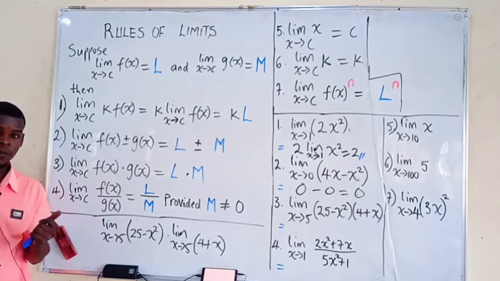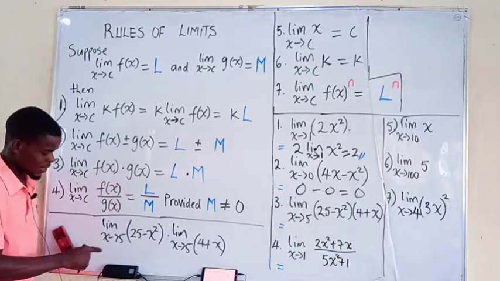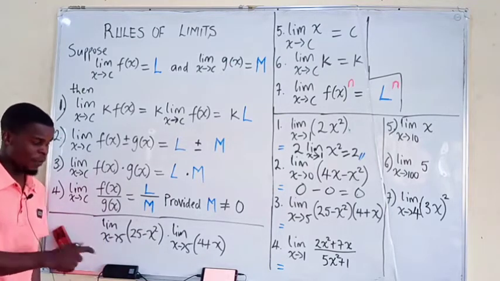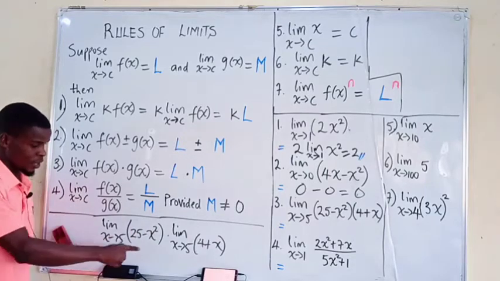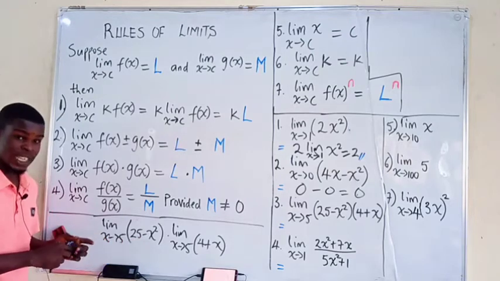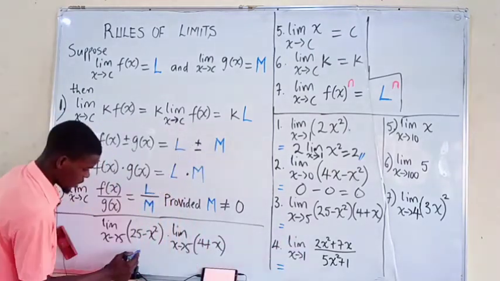Now as x tends to 5, x squared will tend to 25. That is, you plug in 5 in place of x here, you're going to have 5 raised to the power 2, which is 25. Then we have 25 minus 25, that gives us 0. Right? So we can put this, let me put it down here, 0.